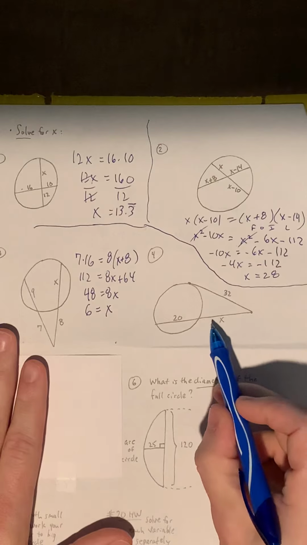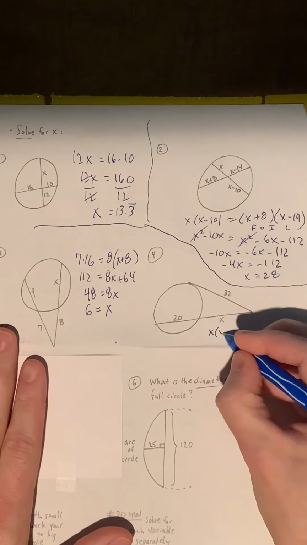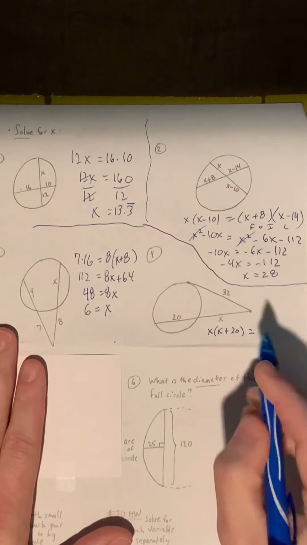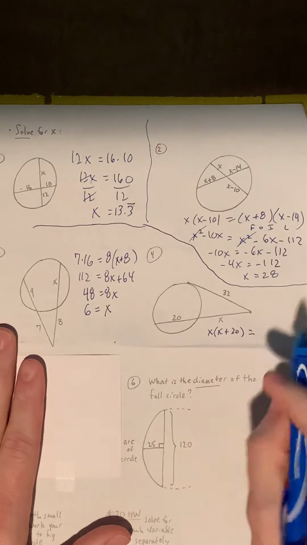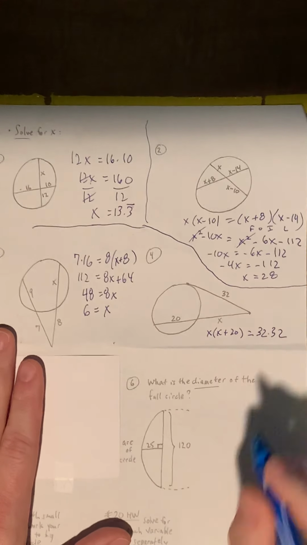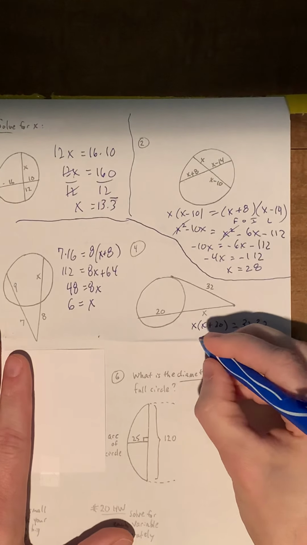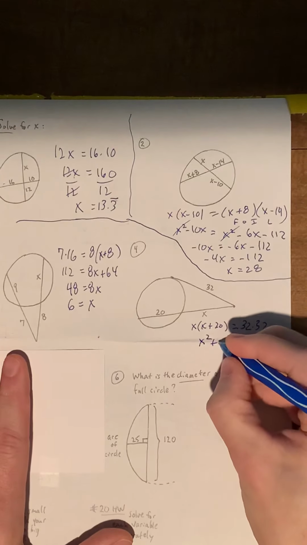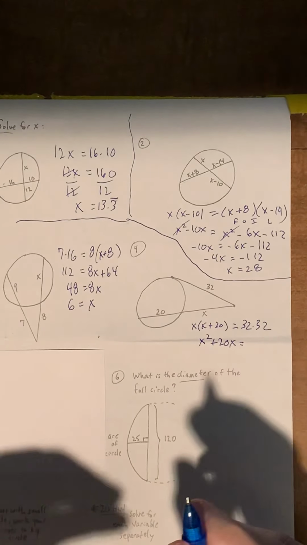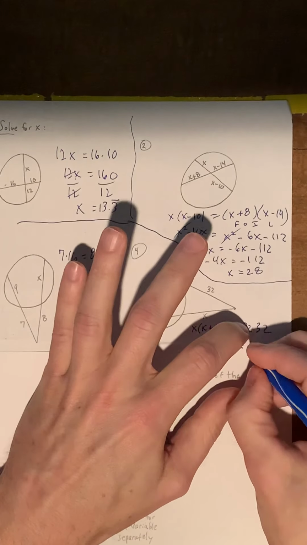Outside times whole, so x times x plus 20 is equal to 32 times 32, outside times whole, because it's the same thing. We distribute here to get x squared plus 20x. Set that equal to 32 times 32, which is 1024.